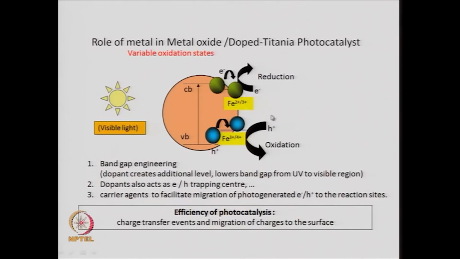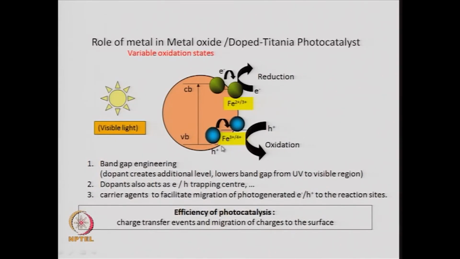So, you start with the Fe3 situation. Iron is 3 plus, but iron 3 plus when it gains an electron becomes iron 2 plus, and if you have an electron coming, you can do this reduction.